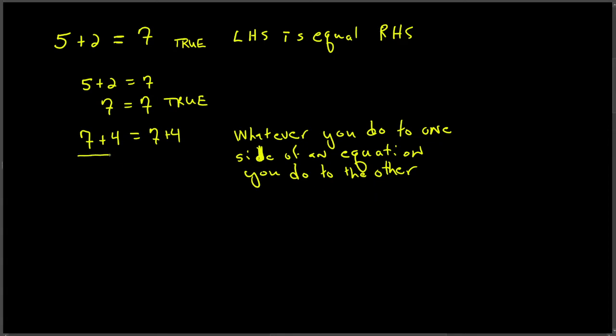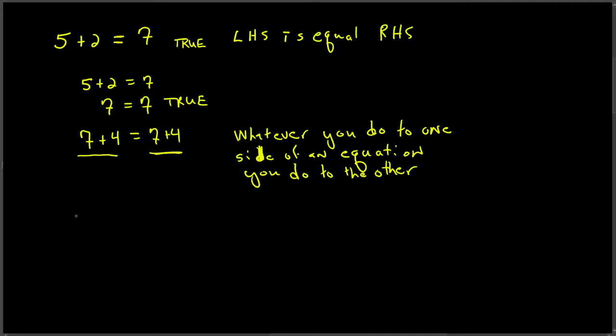If we make the assumption that these two things are true, and if they're not true, that'll tell us something about what we were looking at. But if they are true, I can manipulate these things however I want, as long as I follow the properties of quantity and number that we did before. But whatever I do to one side to keep the whole equation true, I have to do to the other.